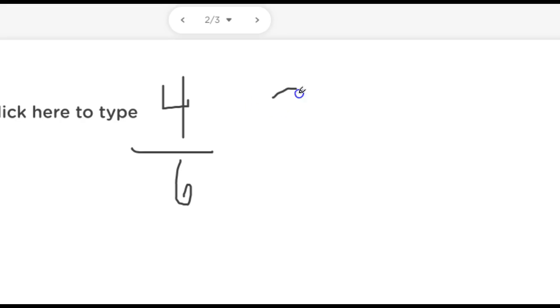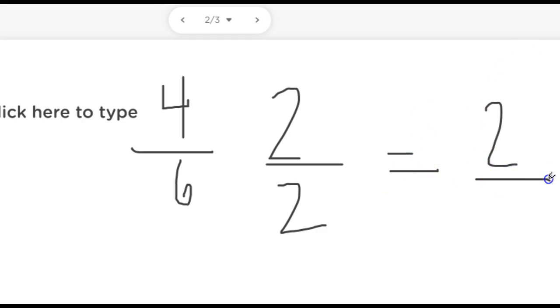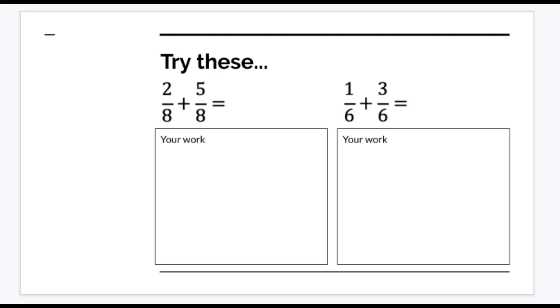And both of those can be reduced by 2/2. Don't judge me by my ugly 2's. All right, so that gives you 2. And then 6 divided by 2, 3. So the answer would be 2/3. Let's go back here. Keeping it moving.